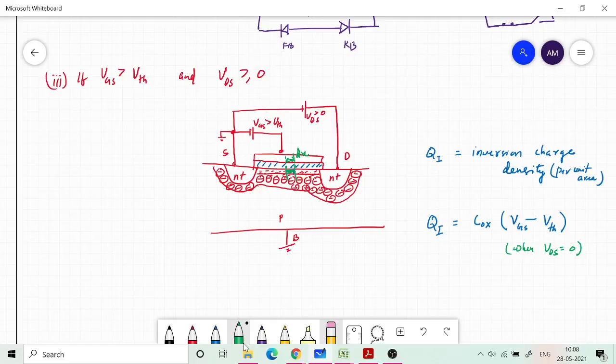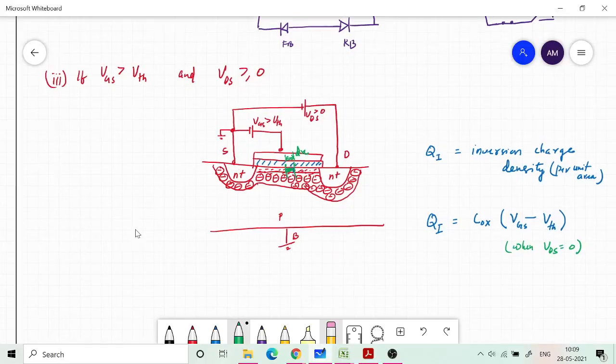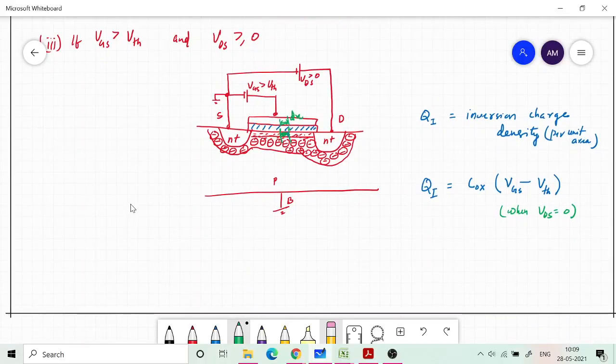Now if I consider the case where VDS is also there, that voltage will also be reflected in the channel. If you look at the channel voltage, on the left side you have ground, that is on the source side.